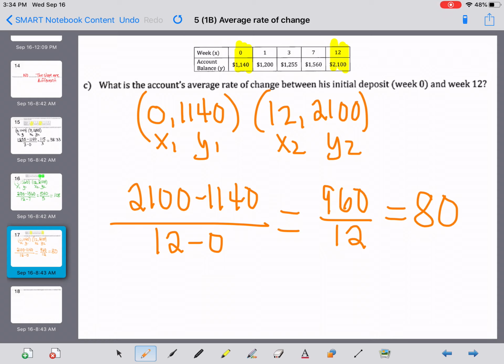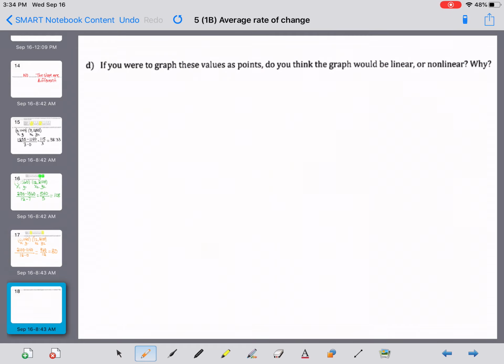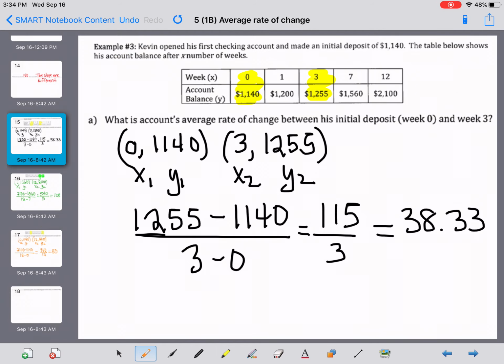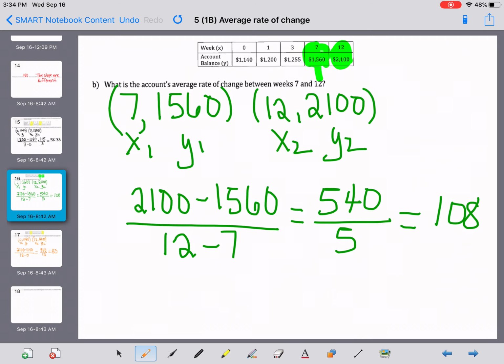And as we finish here, if we were to graph these values as points, do we think that the graph would be linear or nonlinear, and why? Well, if we go back to our first calculation, we ended up with 38.33. That's our average rate of change, also known as slope. Our second average rate of change was 108.